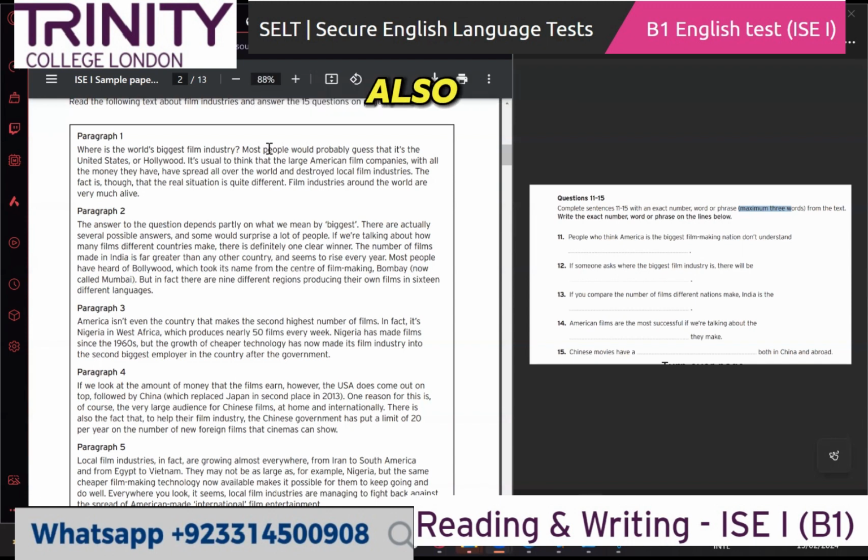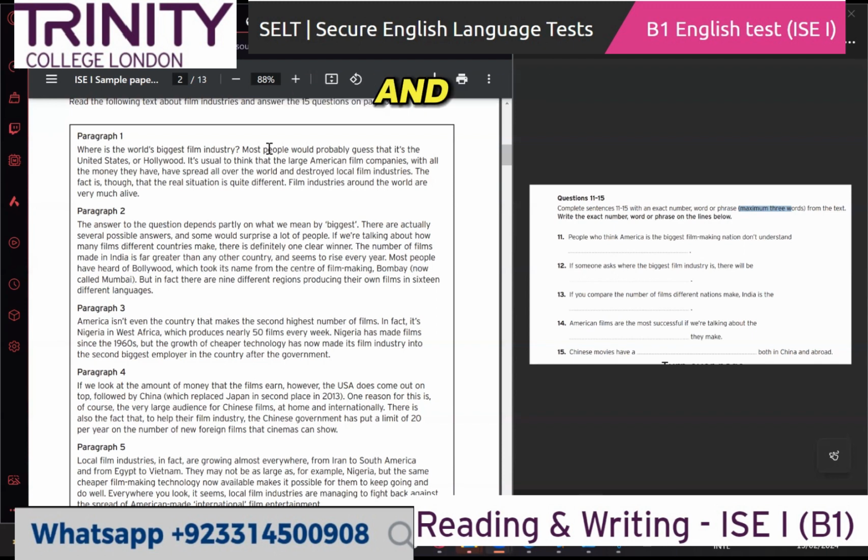The Chinese government has also helped the film industry by putting a limit of 20 per year on the number of foreign films that cinemas can show.